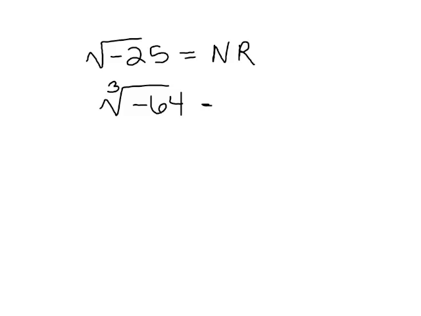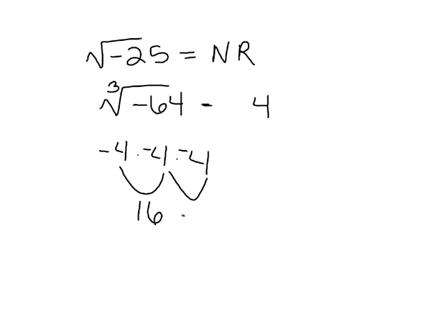So what times itself is 64? 4. So if I have 4 times 4 times 4, if it's positive, then my answer in here is going to be positive. If it's negative, a negative times a negative is a positive 16, times the negative 4 is negative 64.